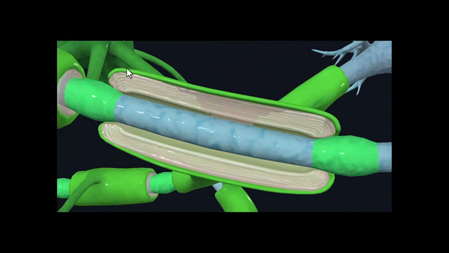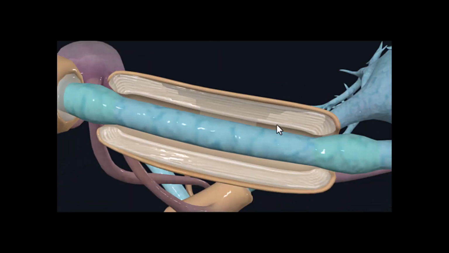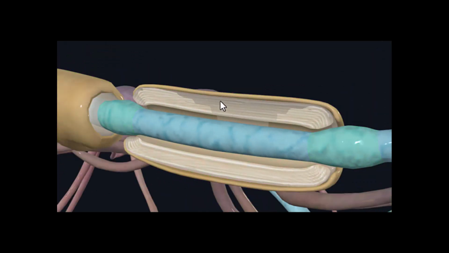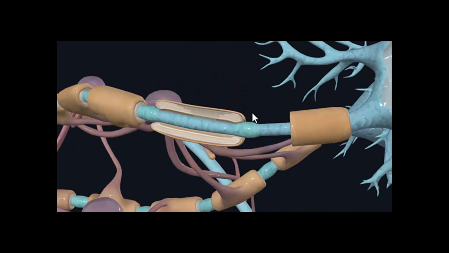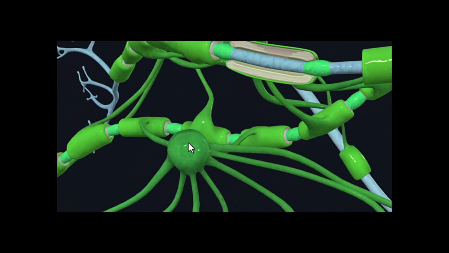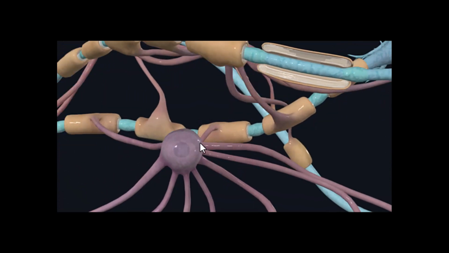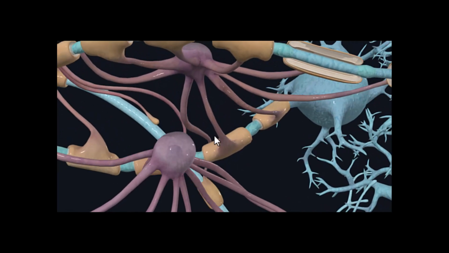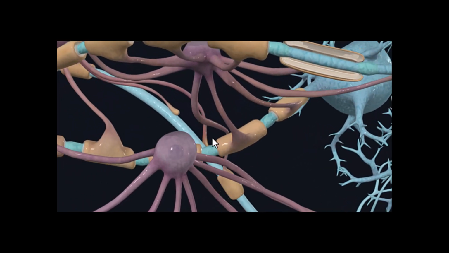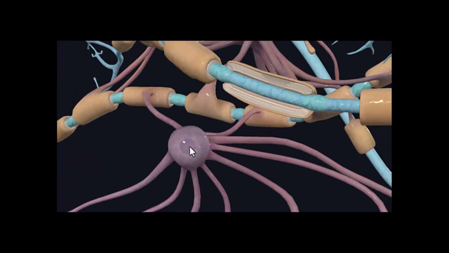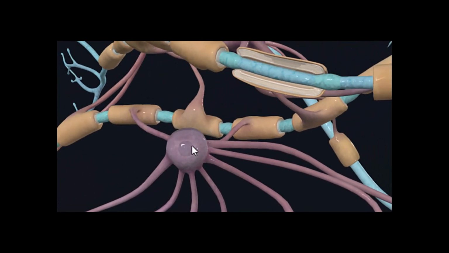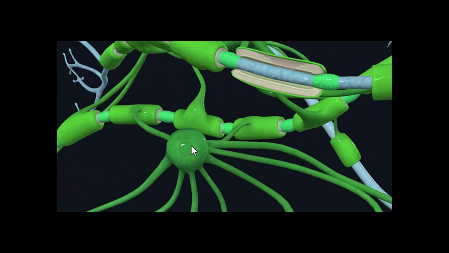It's easier to go from here to here than it is to go all the way through. And these little gaps, of course, are called nodes of Ranvier. And so to recap, oligodendrocytes create these little myelin sheaths around the axons. And Schwann cells do the same thing, but they are found in the peripheral nervous system.